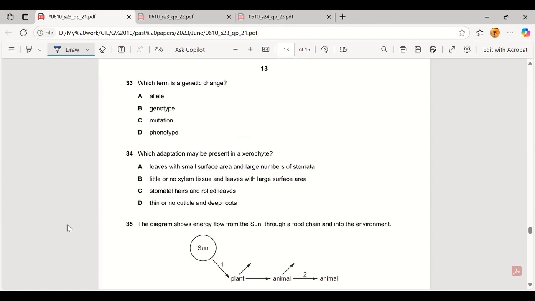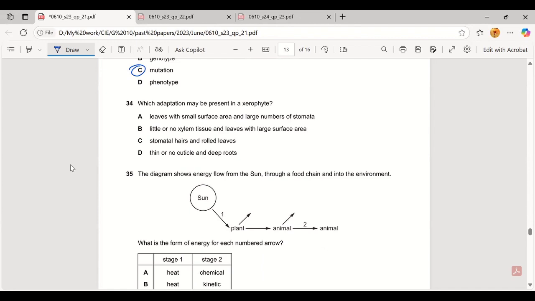Which term is a genetic change? Yumna. C. Bravo. Which adaptation may be present in a xerophyte? Maram. C. Yes.